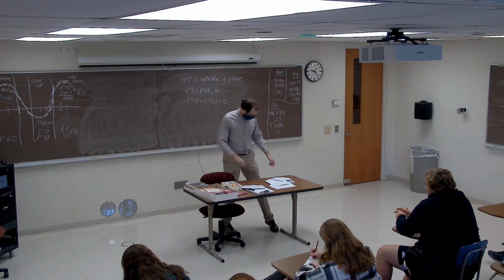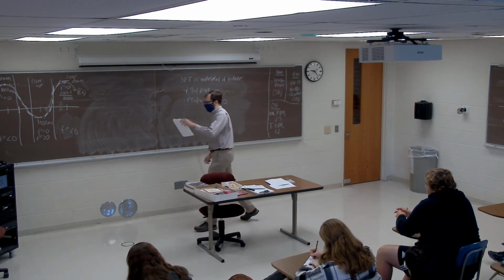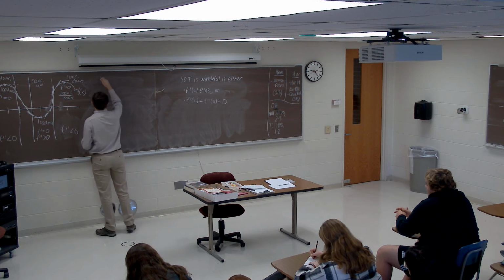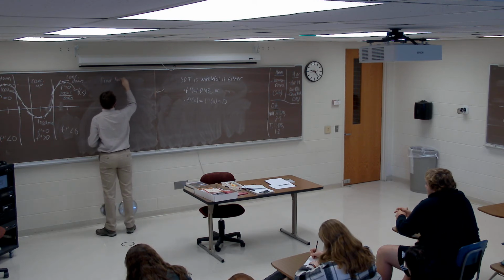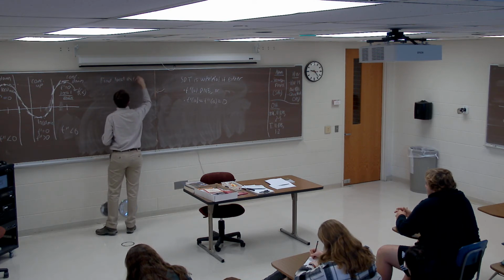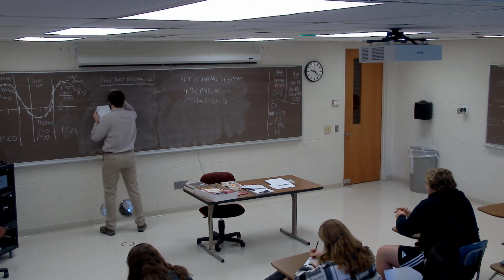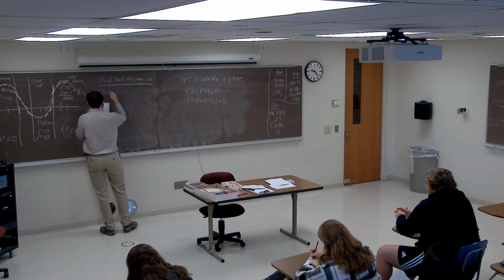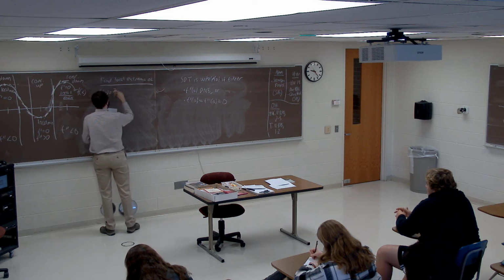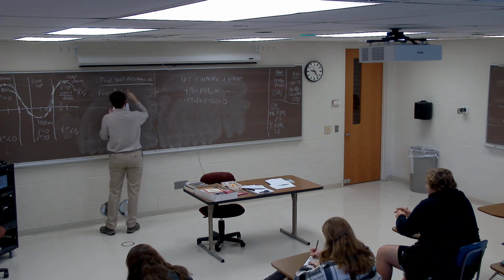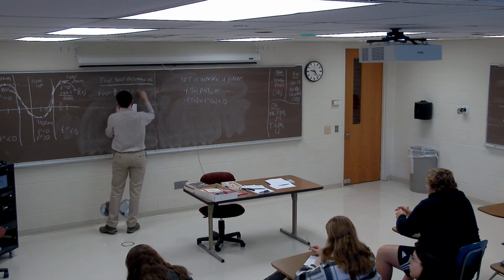So we flip the page. I want to find all local extrema, local maxes and mins, for the function f of x equals 2/3 x cubed minus 7x squared minus 16x plus 10.